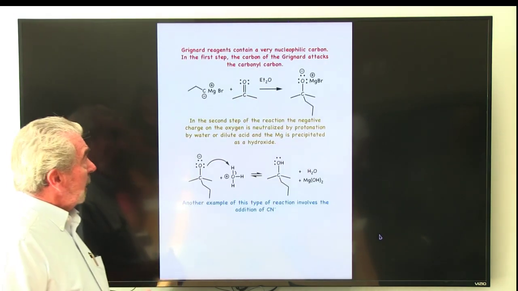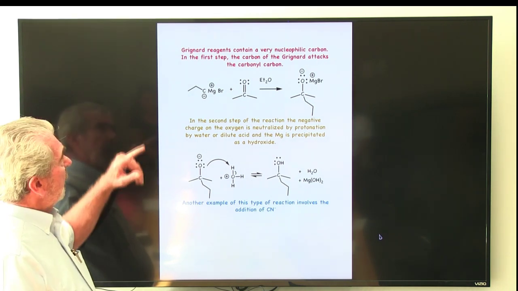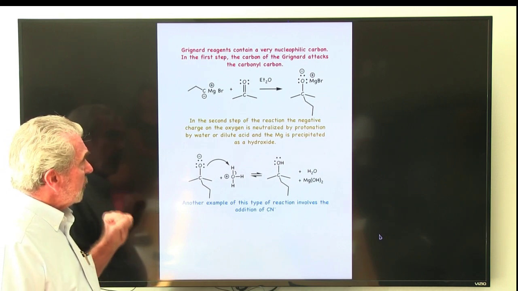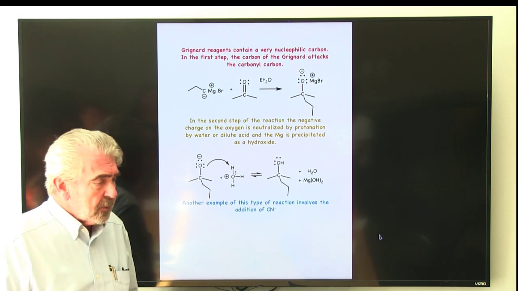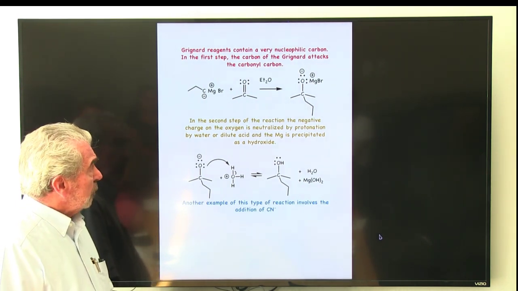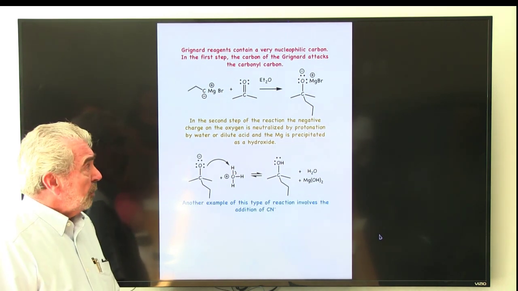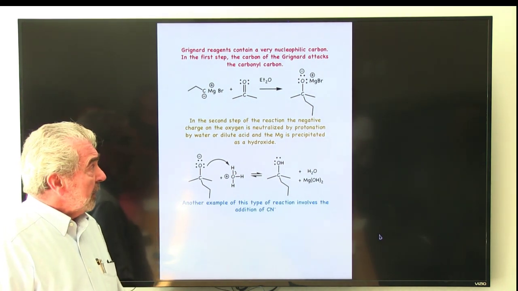A good example of this type of reaction involves Grignards. Just to refresh your memory, we talked about Grignards towards the end of last semester, and Grignards are actually quite easy to make. All you have to do is take either a primary or a secondary alkyl halide and react it directly with magnesium.